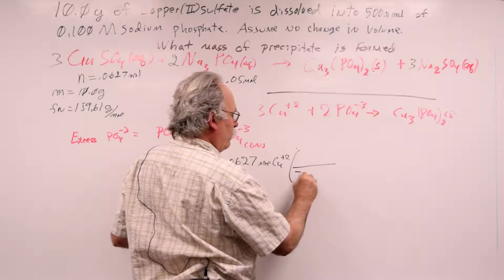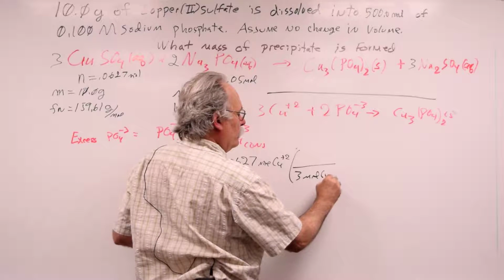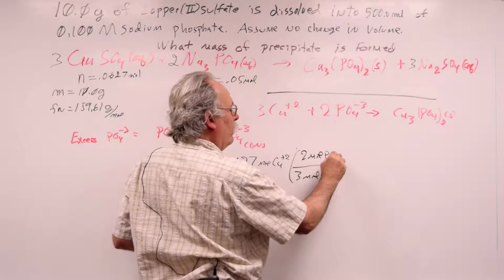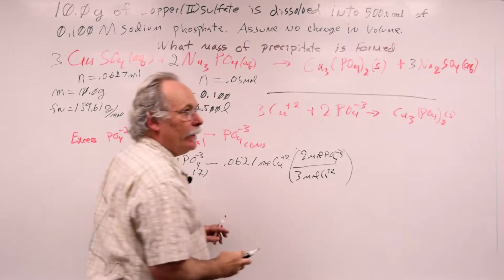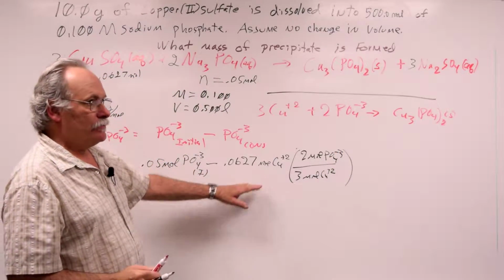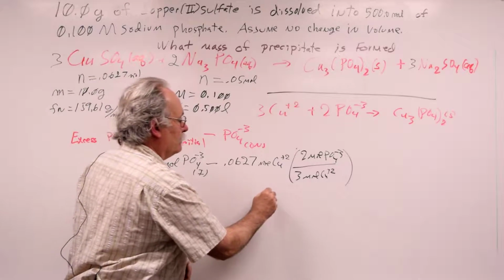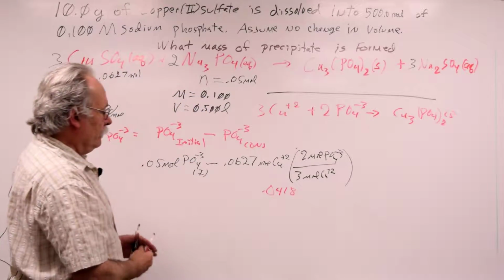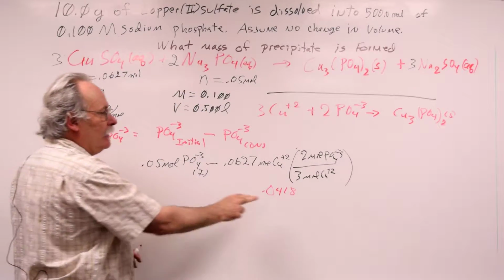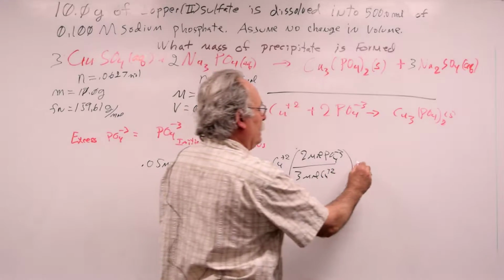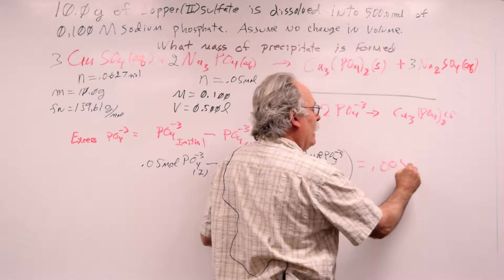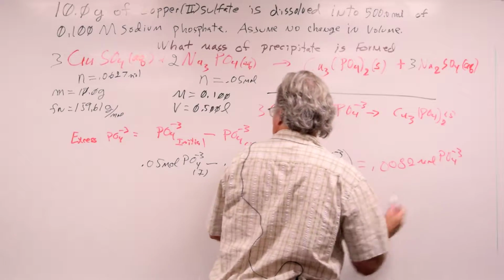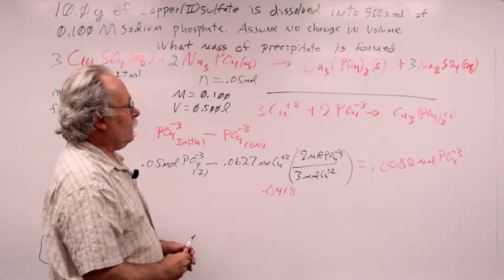So I have 3 moles Cu+2 for every 2 moles PO4-3, okay, and this is the amount consumed. If I do my math, this becomes 0.0418 moles consumed, and when I take my 0.05 and subtract the 0.0418, I have 0.0082 moles of phosphate excess, okay?